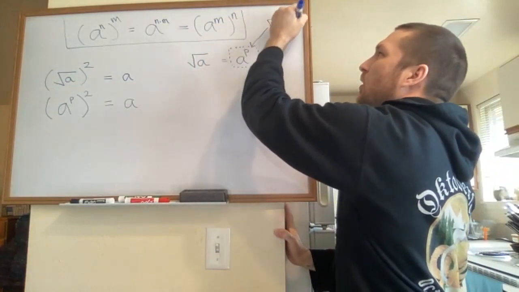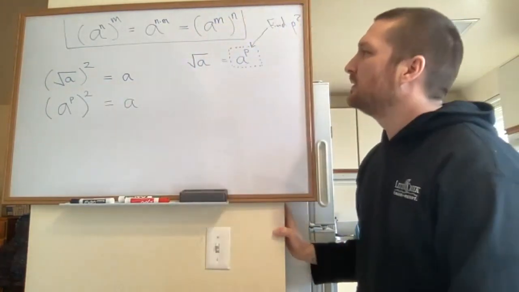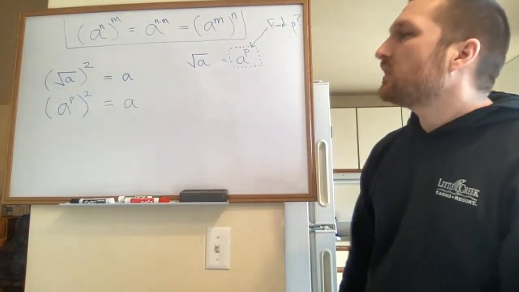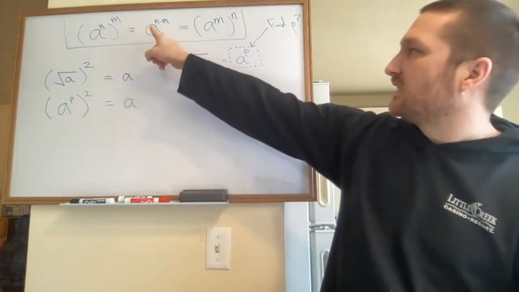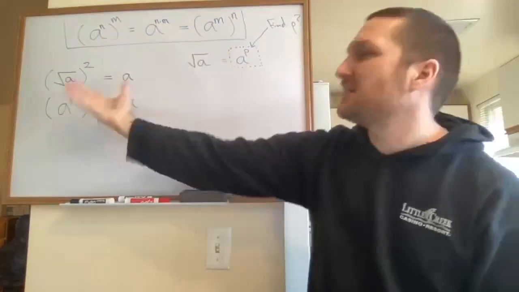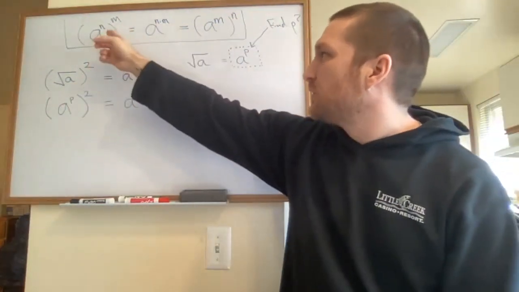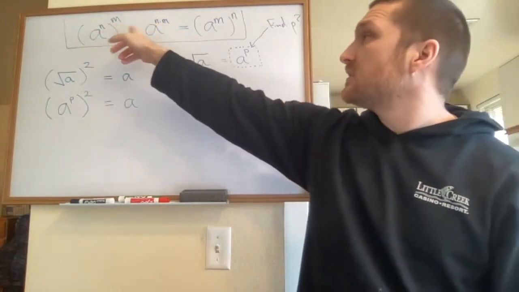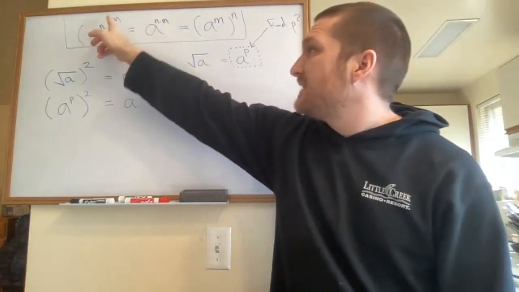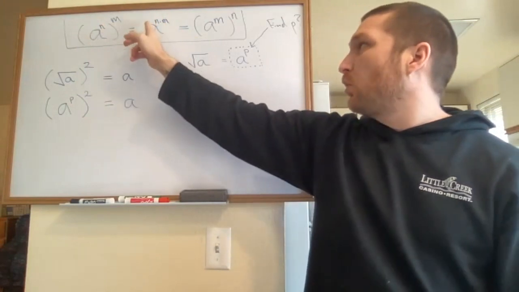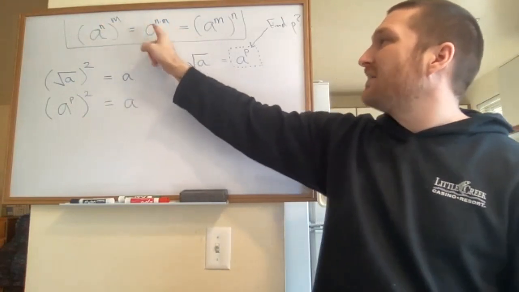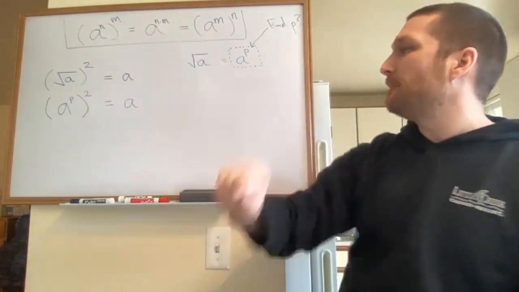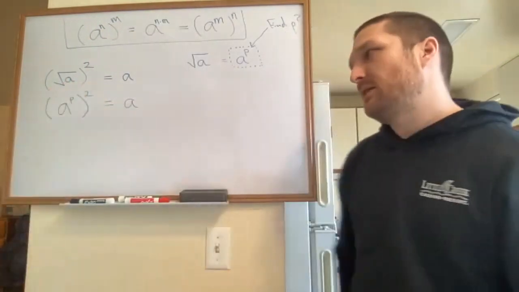We want to know, what is this p? So let's use this nifty little fact that has to be true when we have whole numbers: if you take a to the n and raise it to the m, the total number of a's that you have has to be n times m. So let's use that fact right here.